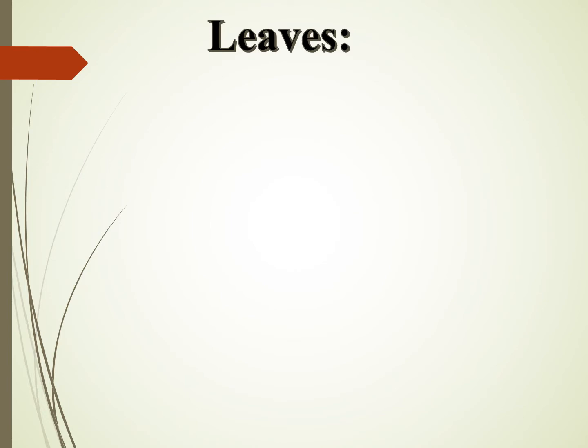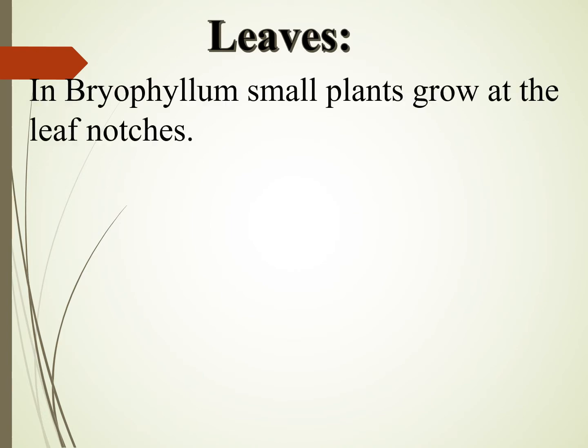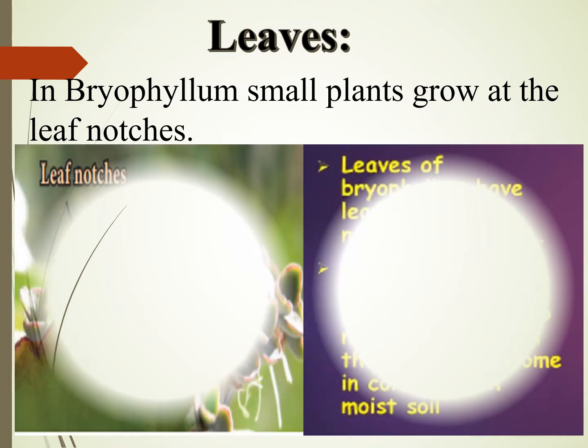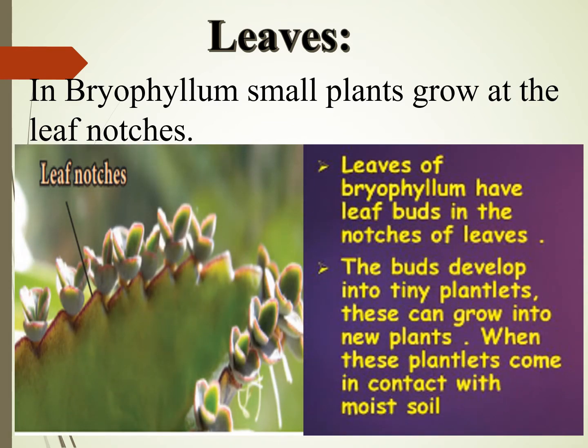The first vegetative part we are going to see is leaves. A very famous example of vegetative propagation is seen in a plant called bryophyllum. So, what are we looking at here? These are the leaves of the plant, but it's a little different.